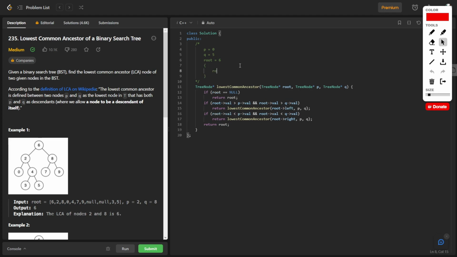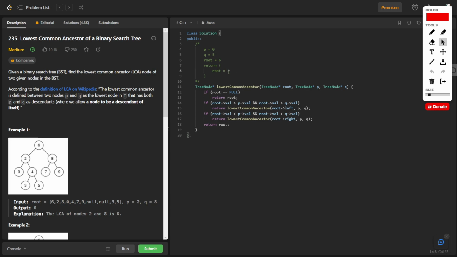So when we recurse, root now becomes left, which is 2, right? Okay, and then we compare again, right?